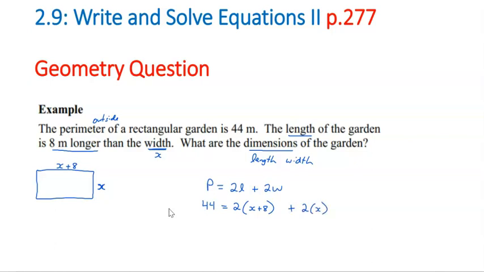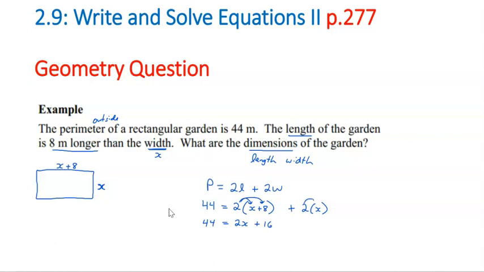At this point, we see that we need to distribute. We have brackets, and because we have to multiply the length by 2, we need to distribute the 2. So 44 is equal to 2 times x, which is 2x, plus 2 times 8, which is 16.